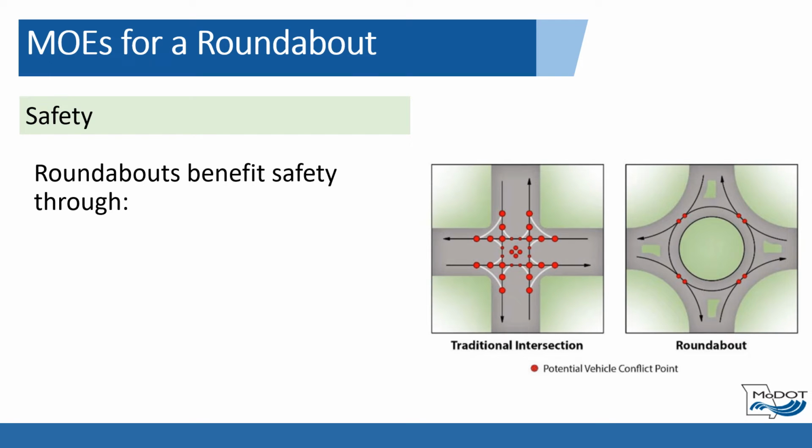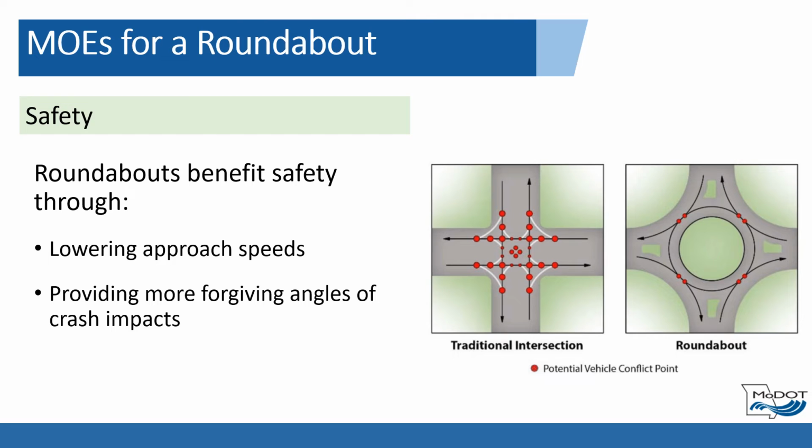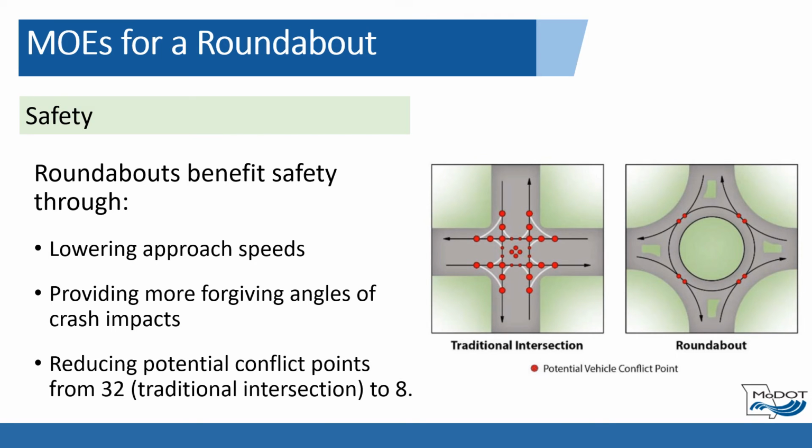One of the major benefits of a roundabout is its positive impact on safety. Roundabouts typically reduce fatal and serious injury crashes by lowering approach speeds, providing more forgiving angles of crash impacts, reducing the potential conflict points from 32, for a traditional four-leg intersection, to 8.